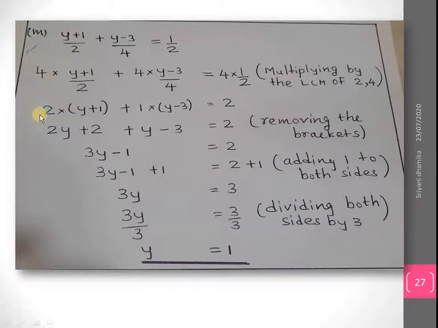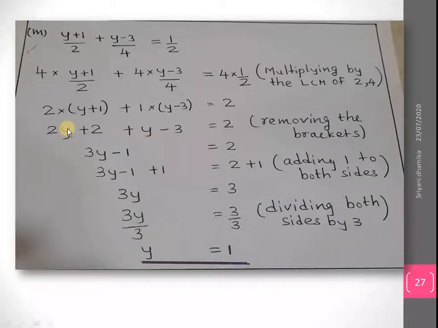Dividing 4 by 2, the answer is 2. But there are 2 terms here, so we have to write these terms inside the bracket. Here also 4 times 1, so multiply this term by positive 1. Here the value is 2. Then remove the brackets.